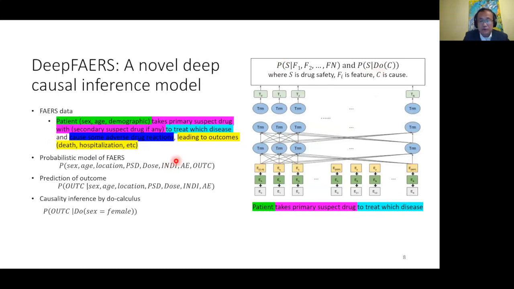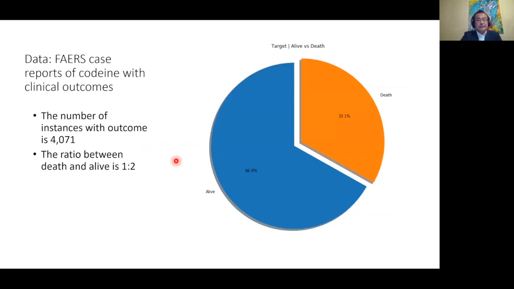To prove the concept, we use the opioid drug codeine. We extracted the data related to case reports of codeine with clinical outcomes, and the result is that we have about 4,000 cases.